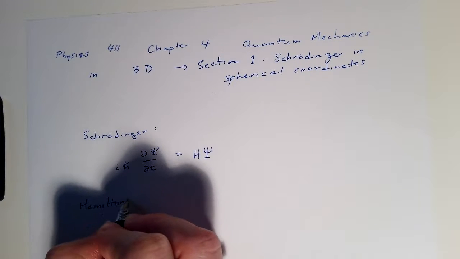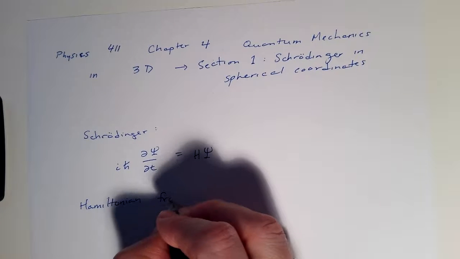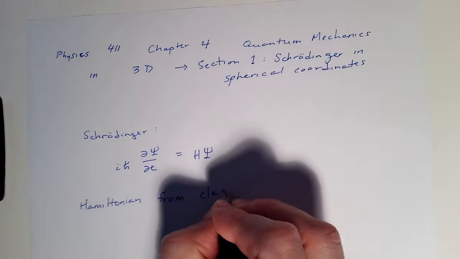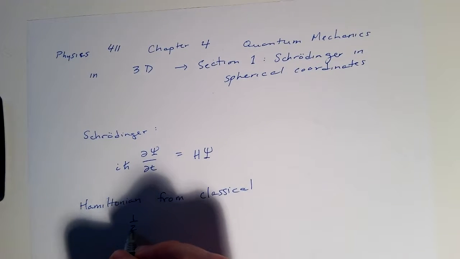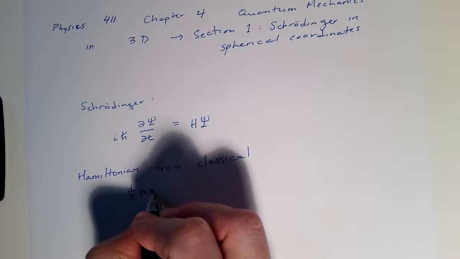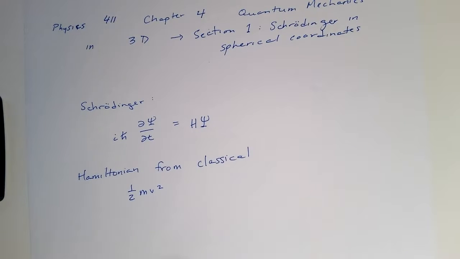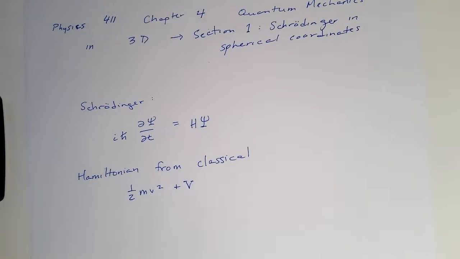Our Hamiltonian, remember, has to do with energy. So from classical, we are going to have both our kinetic energy, so 1/2 mv squared, and whatever potential energy function we have.